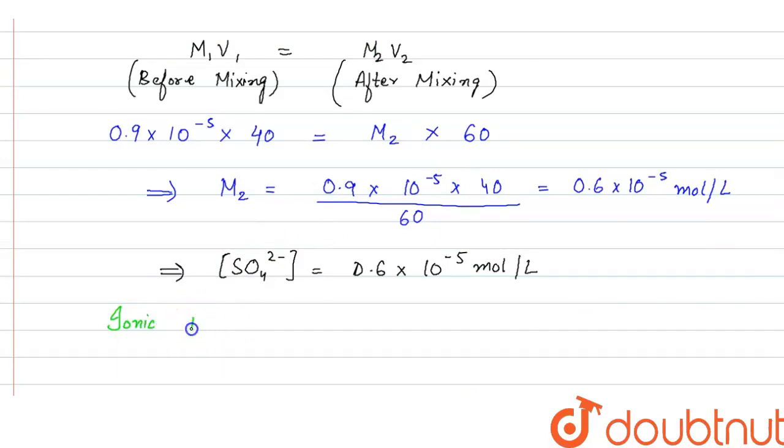Ionic product of barium sulfate, BaSO4, will be equal to concentration of barium ion into concentration of sulfate ion.